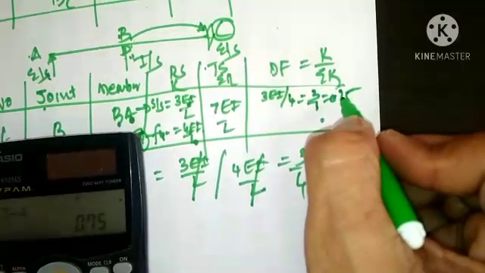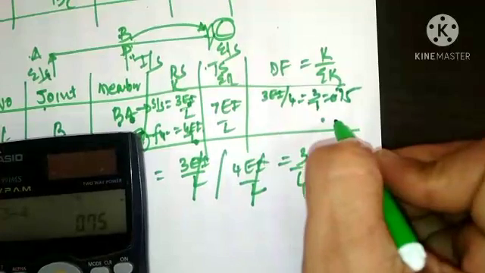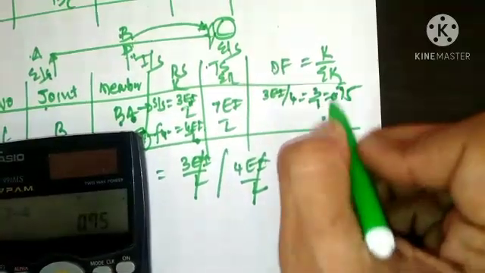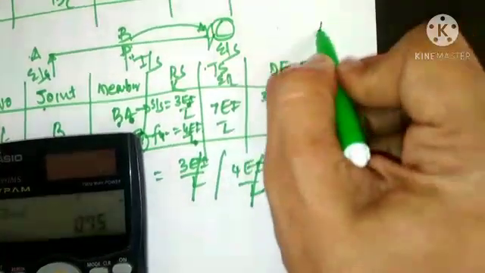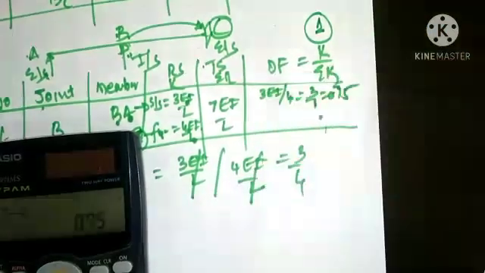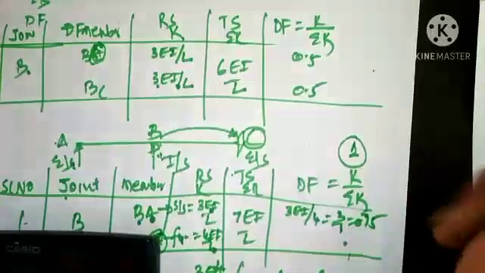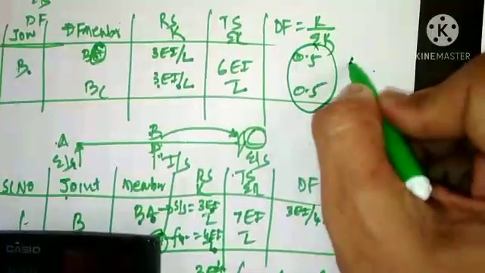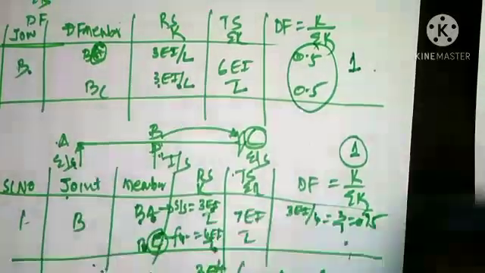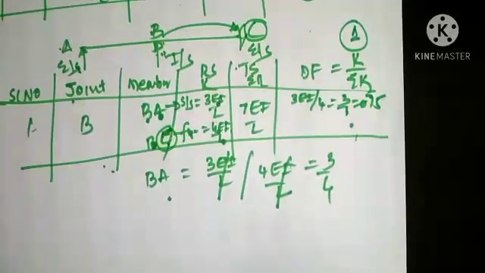Now if you get 0.75 here, next value should be 0.25, because after addition you should get the total distribution as 1, because here also the total distribution after adding should come as 1. Earlier problem also, whatever is the total number of distribution you are going to get, after addition it should come as 1. It is unit distribution.